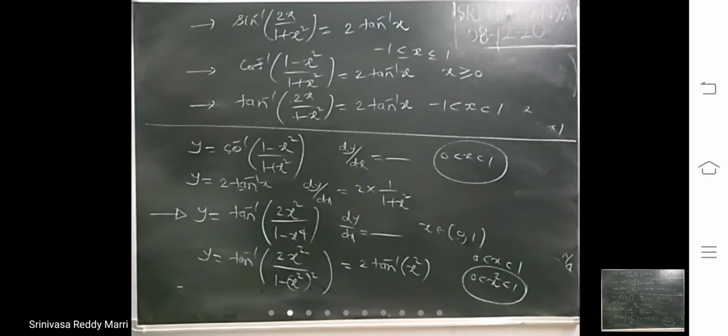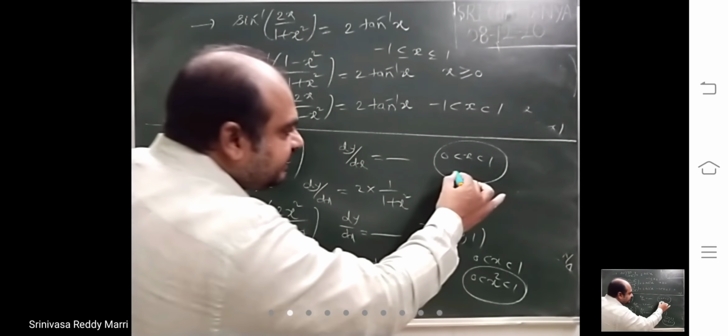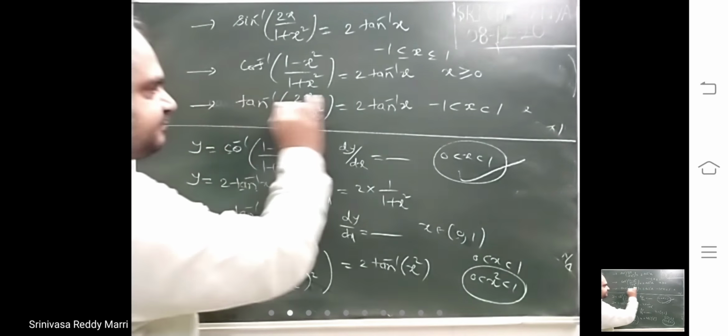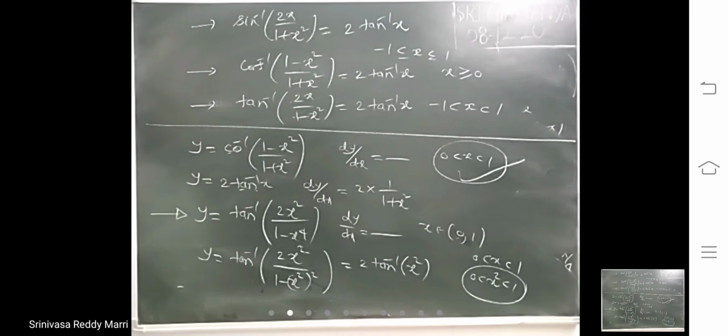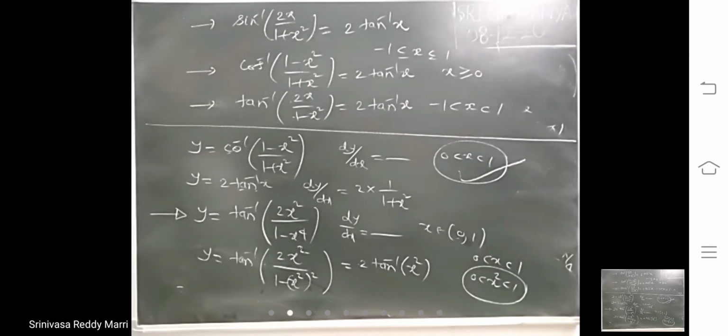That's why 2 tan inverse x square. That's why the interval is given like this, such that this formula is applicable. No need to worry about that. So the simplified form is 2 tan inverse x square.